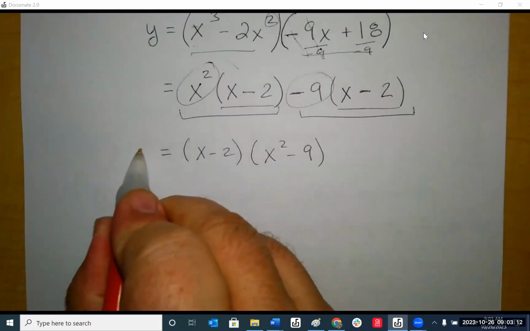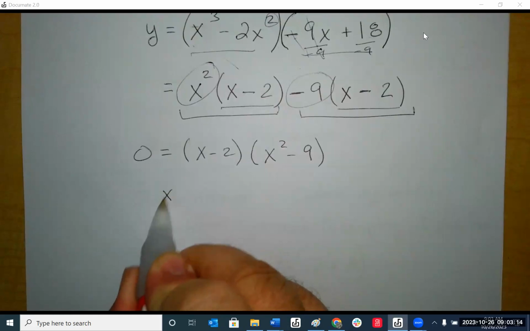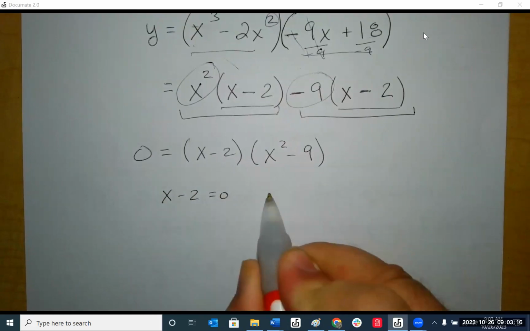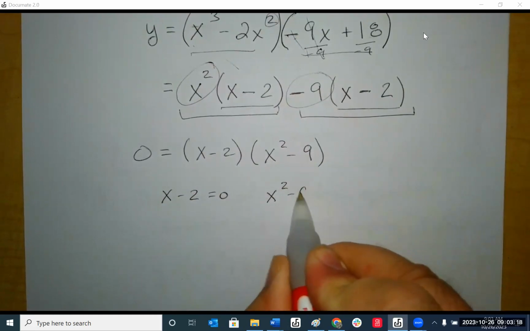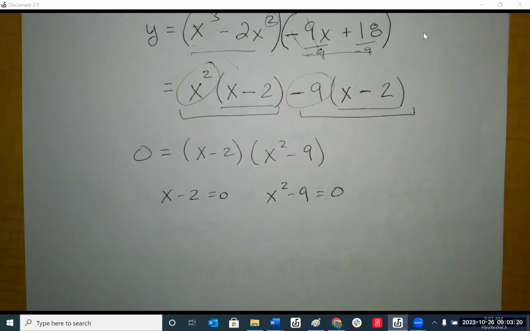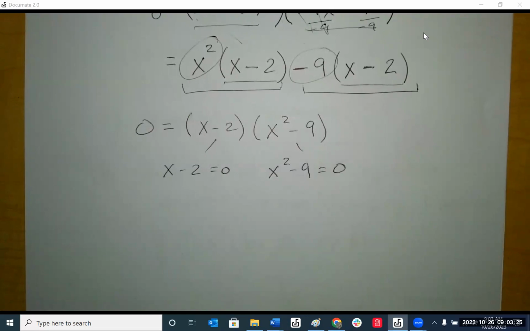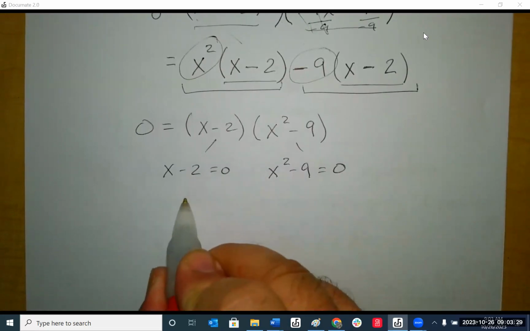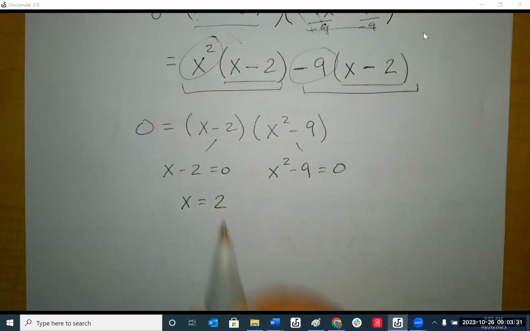So now what we do, we set y equal to 0, and set both of those individually to 0 and solve. So the first one is going to be 2. There's our first solution.